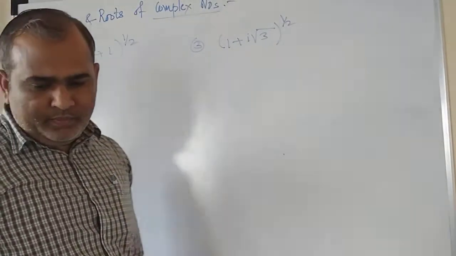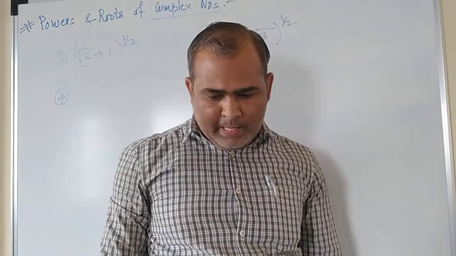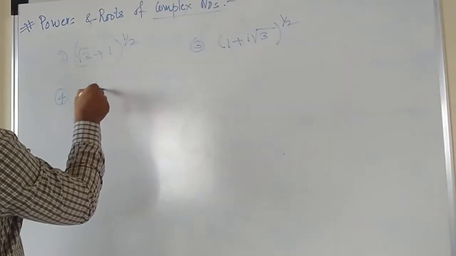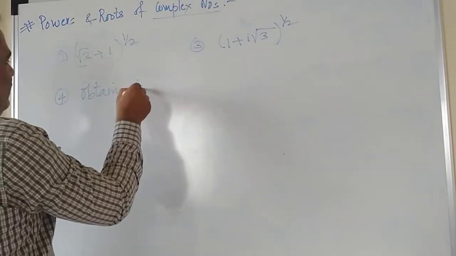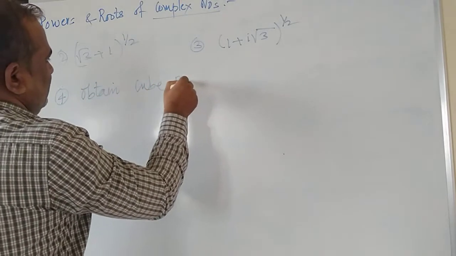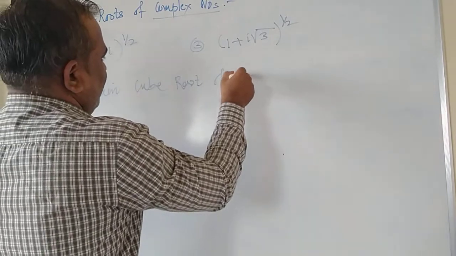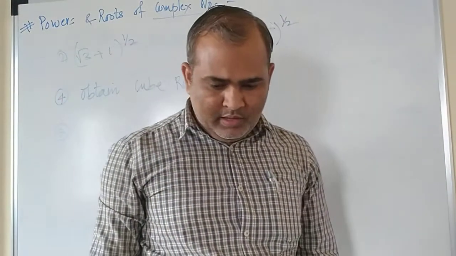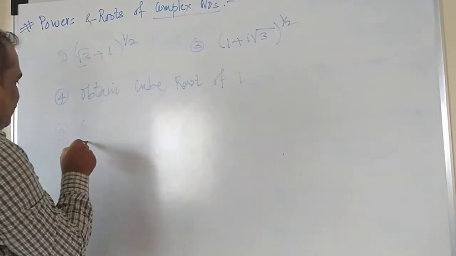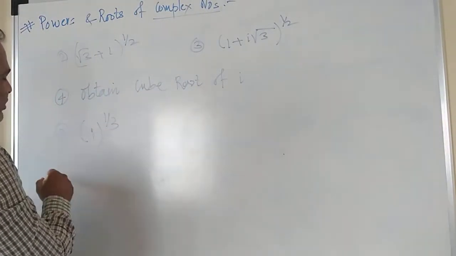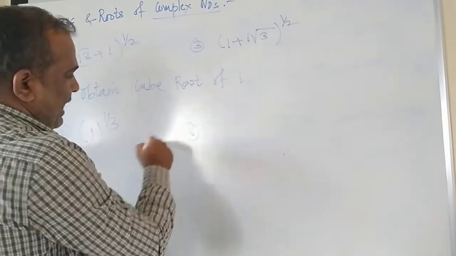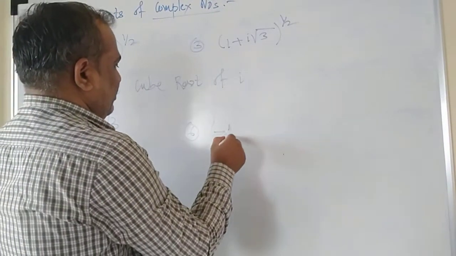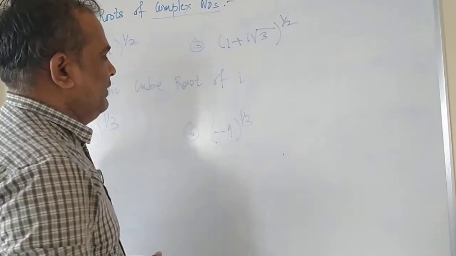The fourth problem is obtain the cube root of i. Fifth is 1 raised to power 1/3, that is the cube root of 1, and the sixth one is the cube root of minus 1, right?